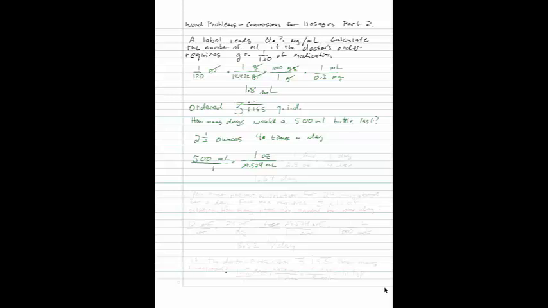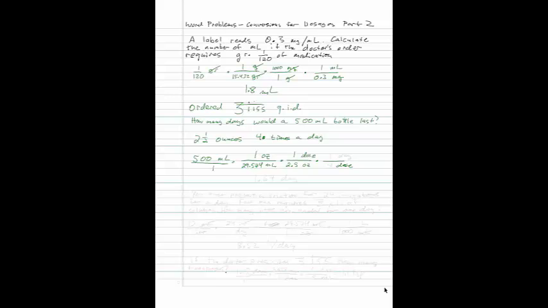Now, we see we have 2 1/2 ounces per dose, so we can convert that ounces downstairs to cancel doses upstairs. 2 1/2 ounces per dose, and then we get doses canceling on the bottom.